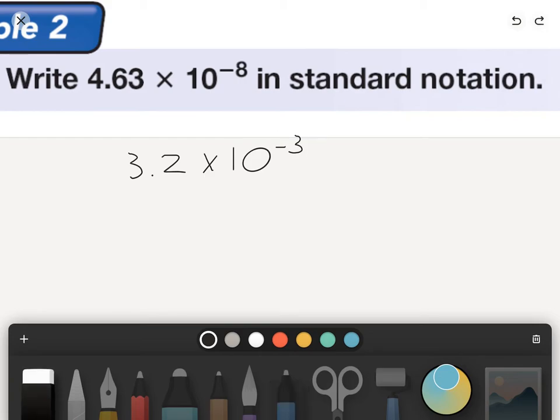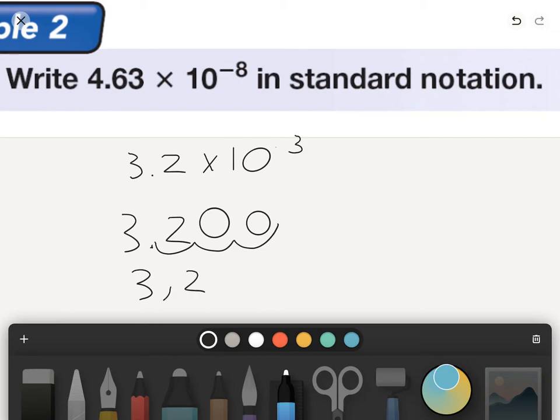If there were no negative, I'd be putting that to the right, so that would be 1, 2, 3: 3,200, because then we would send that to the right.